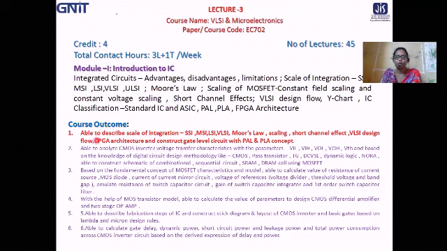The first course outcome is able to describe scale of the integration, that is SSI, MSI, LSI, VLSI, Moore's law, scaling, short channel effect, VLSI design flow and architecture, and also gate level circuit with PAL and PLA concept.